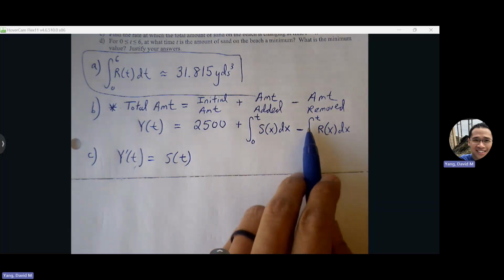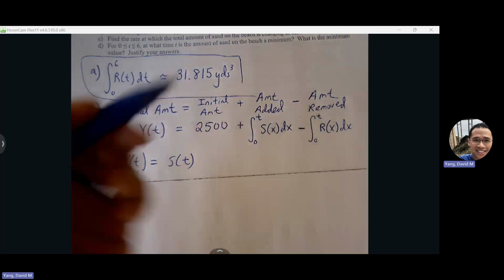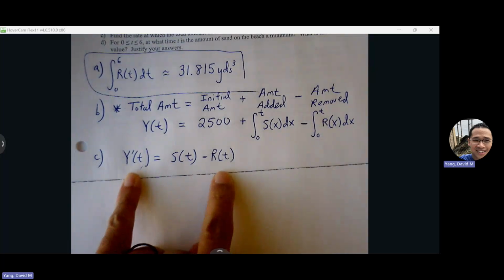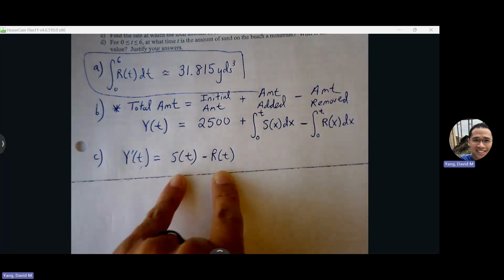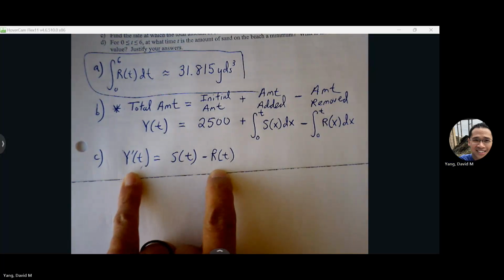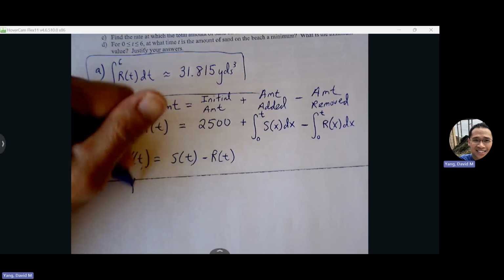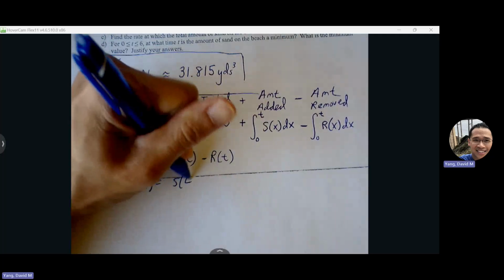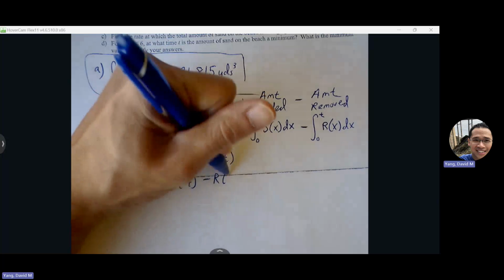Just r of t, yeah. Derivative of integral, they cancel out. Remember second theorem. t gets plugged in for x, minus r of t. Okay, so we've created our rate of change, y prime. And then we can just do y prime of 4, which is simply s of 4 minus r of 4.